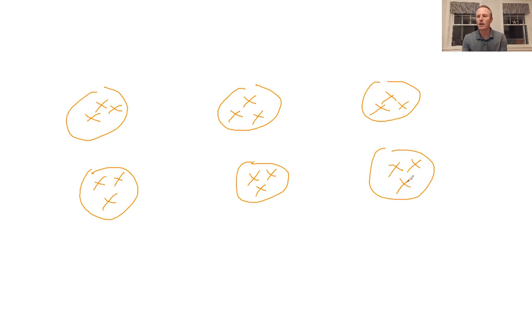And once we have that, we can then turn this into an array. Change colors here. And because we have 6 groups, that means we need to have 6 rows. So 1, 2, 3, 4, 5, 6 rows. And I know because each group has 3 in it, that each row also has to have 3. So 1 for my first row, 2 in the middle, and then a third.